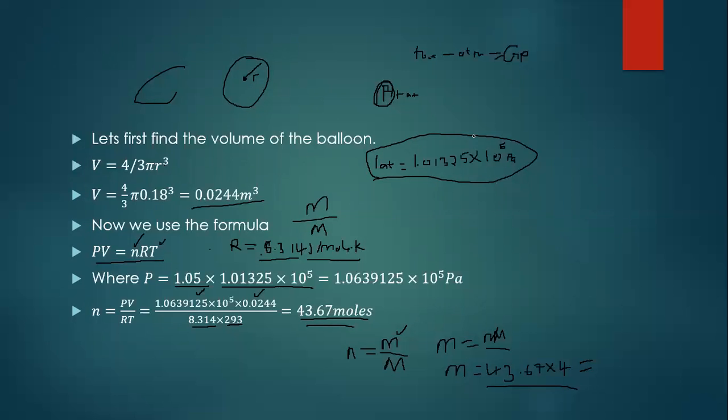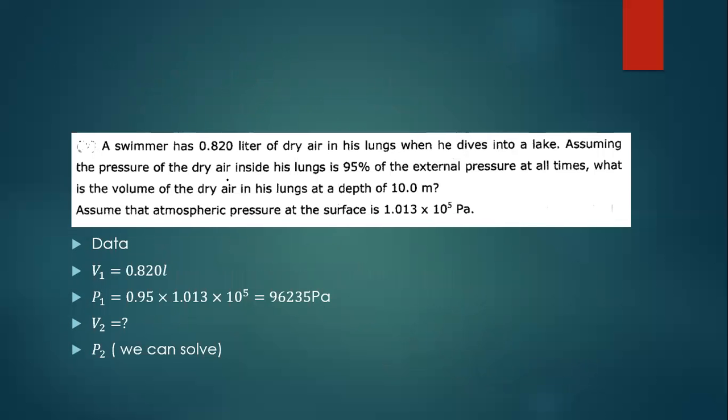So we continue. We have another question. Shall we have Kaoma read for us this question? Okay. It reads: a swimmer has 0.820 liter of dry air in his lungs when he dives into a lake.